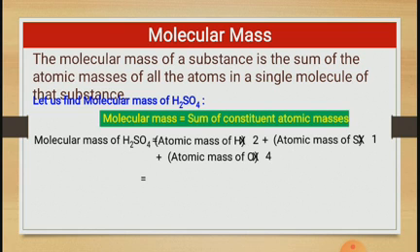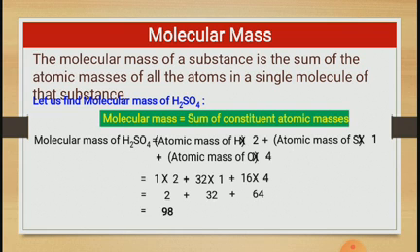Now see, atomic mass of hydrogen is 1, so 1 into 2, plus atomic mass of sulfur is 32 into 1, plus atomic mass of oxygen is 16 into 4. Now see, total addition is 98.